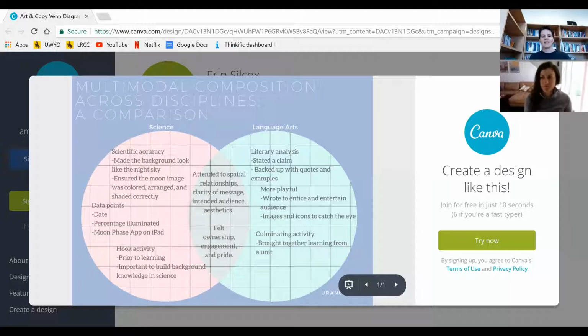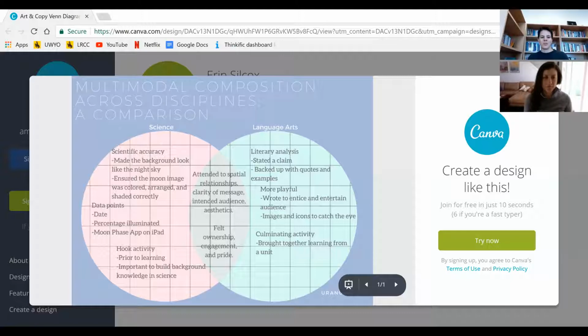In both cases, it's still finding evidence and making claims and making statements about what you know about the moon, or what you know about the book and the movie and the characters and the plot and etc. But how you represent that and how it gets taken up by either your teacher or your peers as being an acceptable claim or not is very different, right?